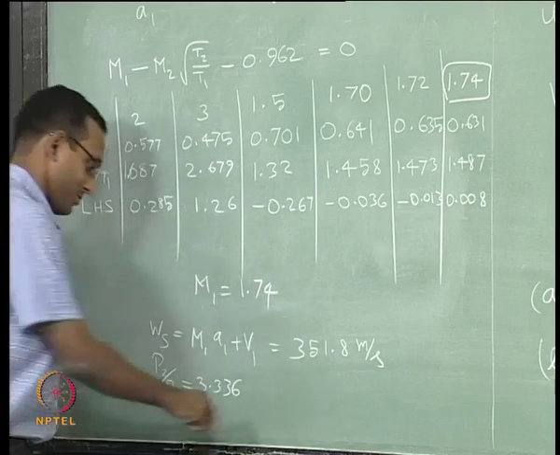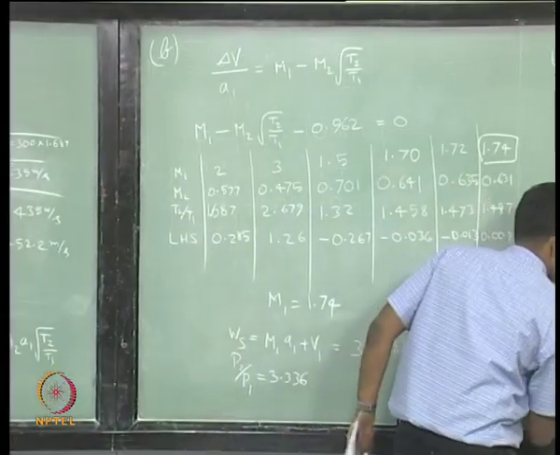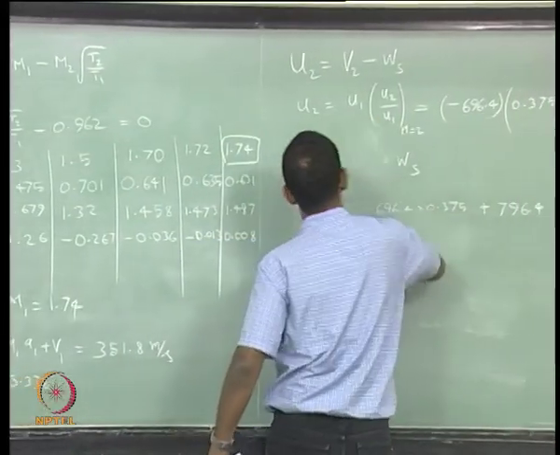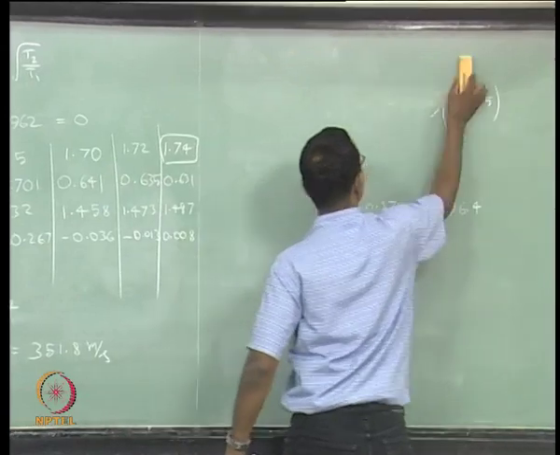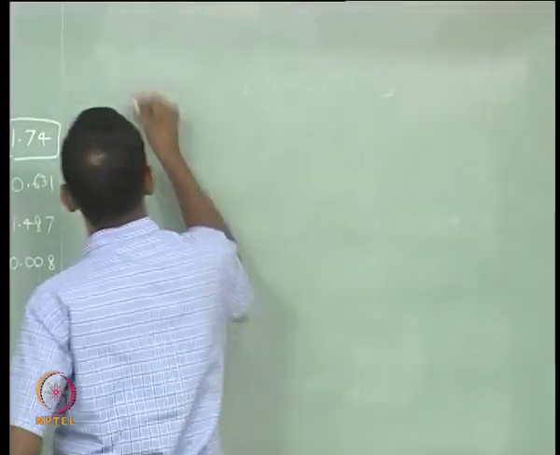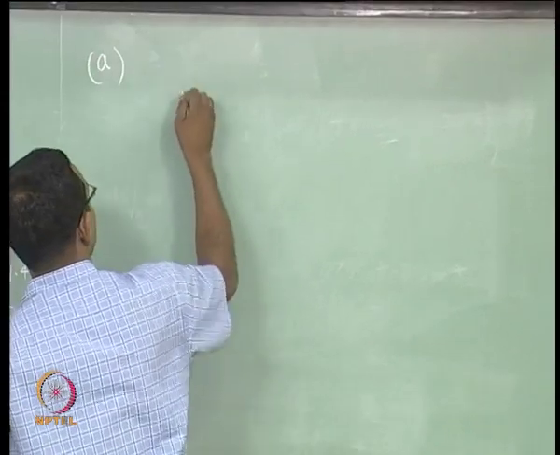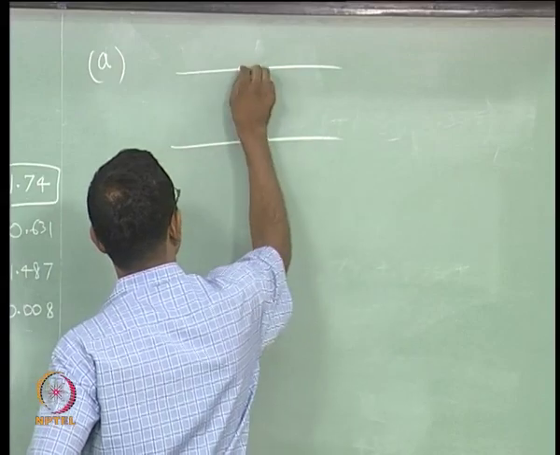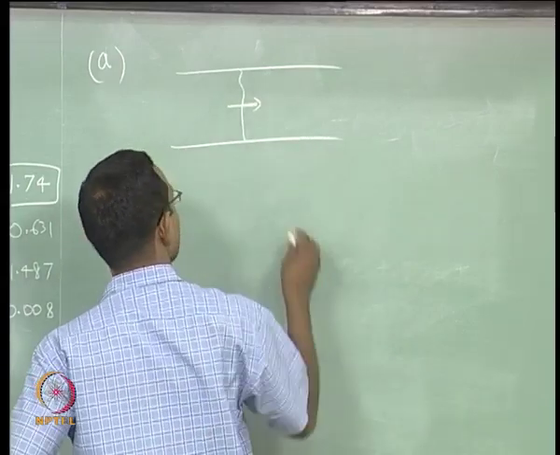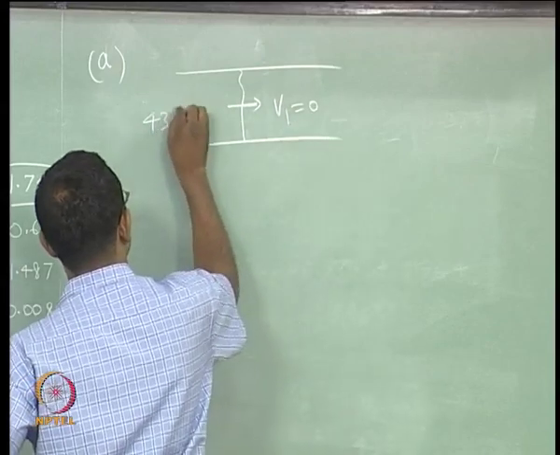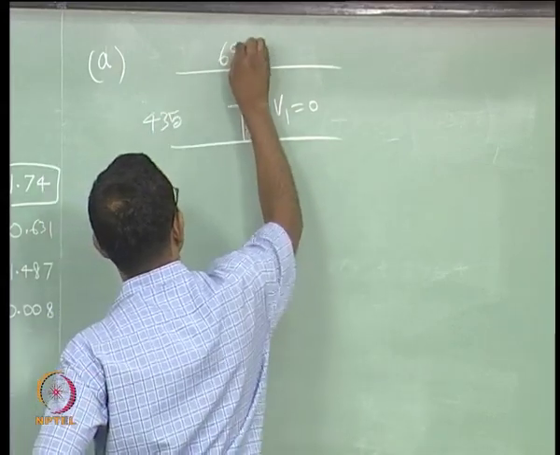Now, we will again observe stuff. I have numbers, anyway, I will erase and do it first. Problem A, we had a case where the shock is moving this way, P1 equal to 0, this was 435 and this was 696.